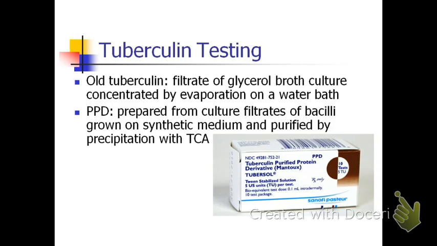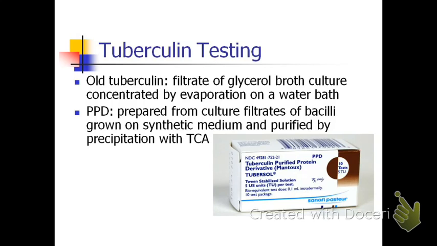The older way of doing this is by utilizing the old tuberculin. It is usually a filtrate of glycerol broth culture, which has been concentrated by evaporation on a water bath.